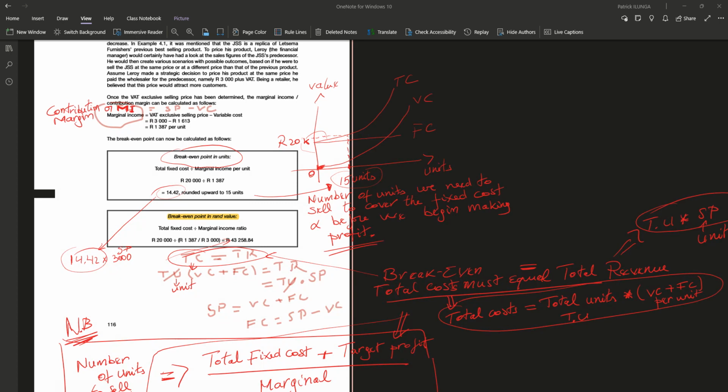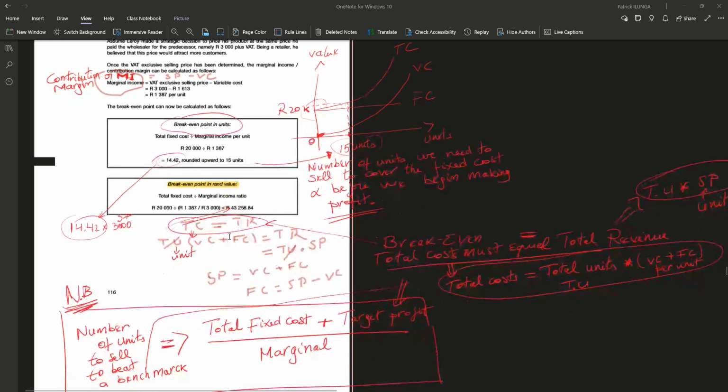We take the marginal income divided by the selling price, and that's what gives us the marginal income ratio. This will help us to get the rand value. As you can see, the two formulas are applied. You get not only the rand value, but also the number of units that need to be sold in order for the company to break even.